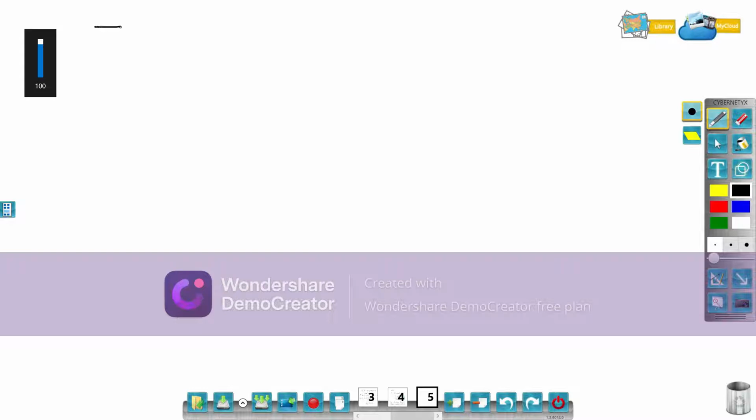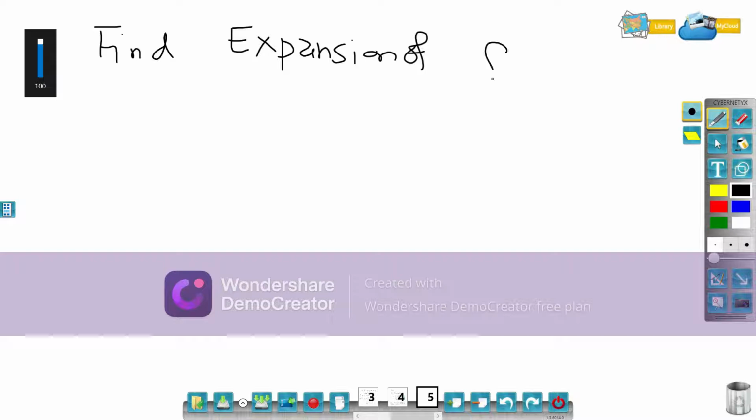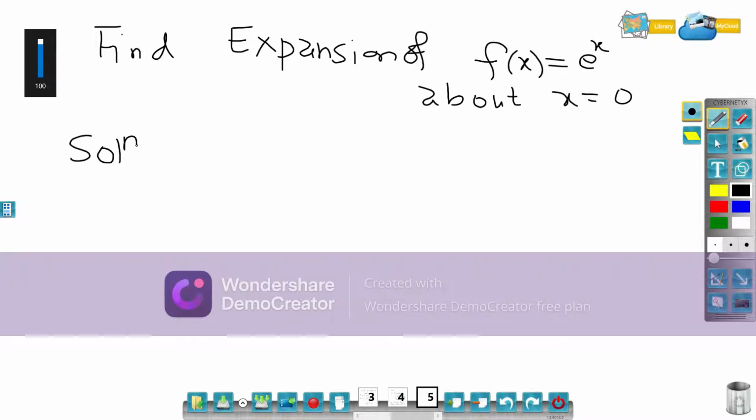Find the expansion of f(x) equal to e raised to x about x equal to 0. Solution.